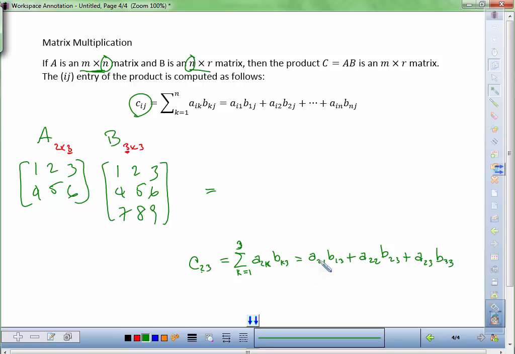So what's A21? I look at my A, where's 2, 1? Second row, first column, so that's 4. The B13, where's B13? 3.